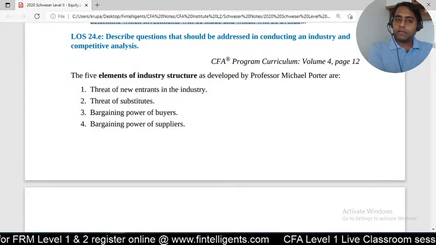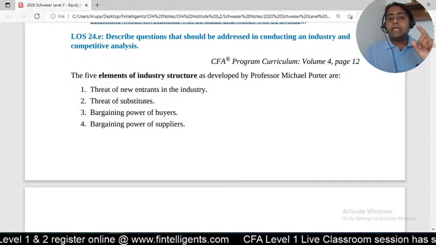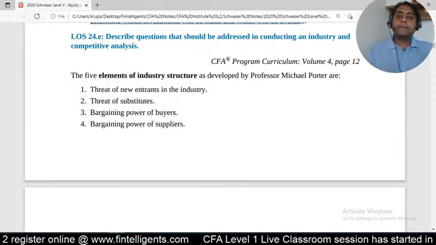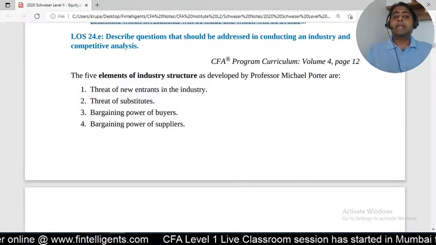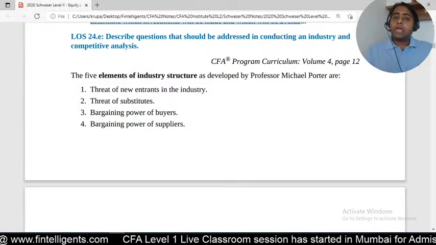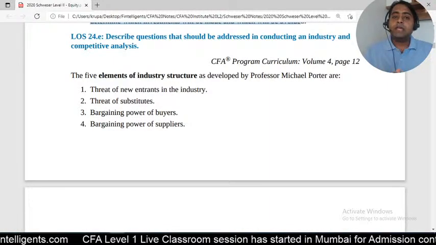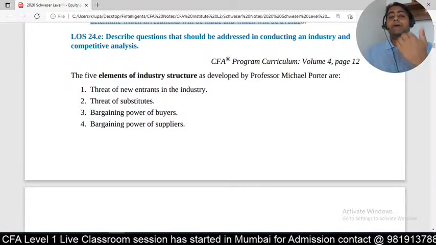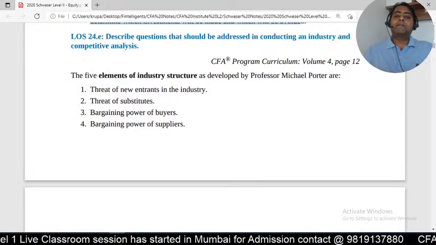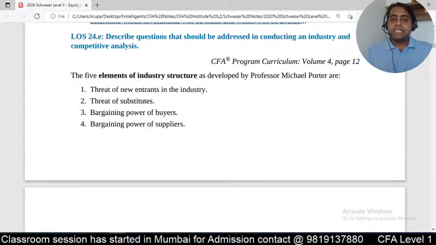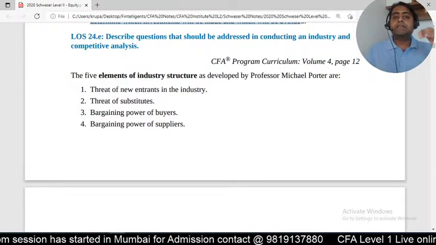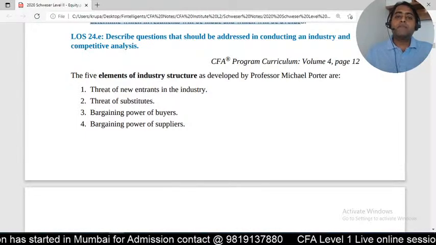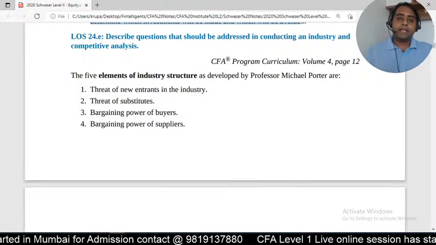So the entry barrier makes a big difference, because if you are in a growing industry and the entry barrier is very high, then you will get all the benefit. But if the entry barrier is very low, then new people will enter and compete on price, they will reduce the price, and they will throw away all the growth and all the benefit of the industry.